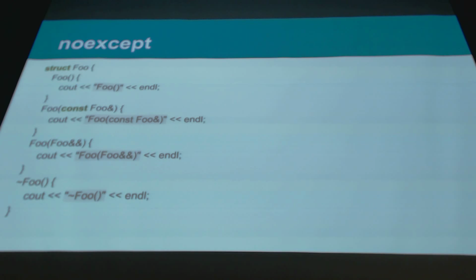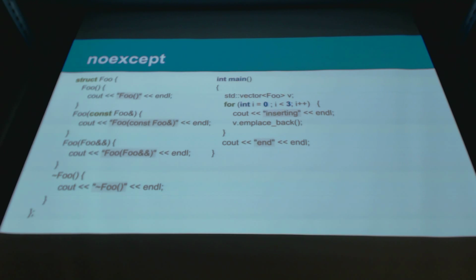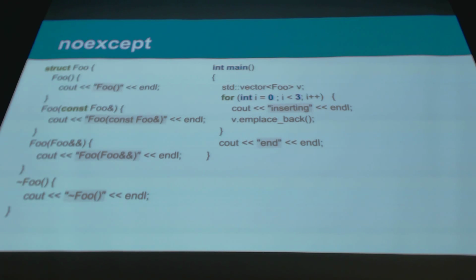So the same class with some constructors that put something on the screen, and then a small code. We are constructing a vector, and then we are inserting 3 elements into this vector. And I'm using here a function called emplace_back, which does the same thing as push_back. The difference is that instead of taking something by reference or by an rvalue reference, it takes arguments and then forwards them to the constructor inside the vector.